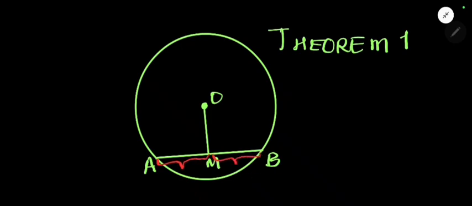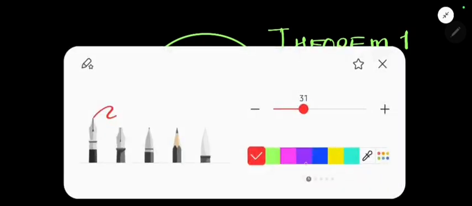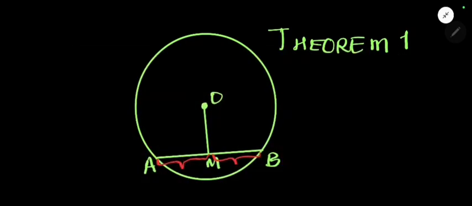But only if you are told that OM is perpendicular to AB. How do they tell you that? They will put this sign. Remember this sign. It says that at that angle it's 90 degrees. So if that is 90 degrees, even that one will be 90 degrees.